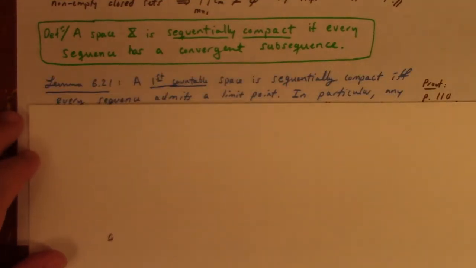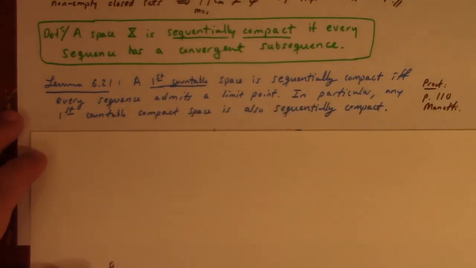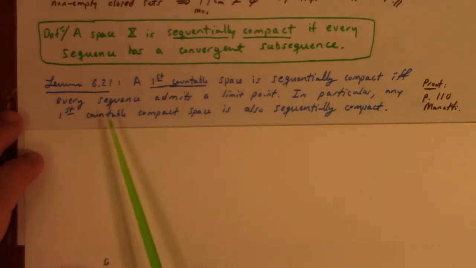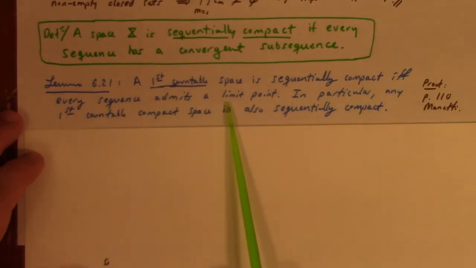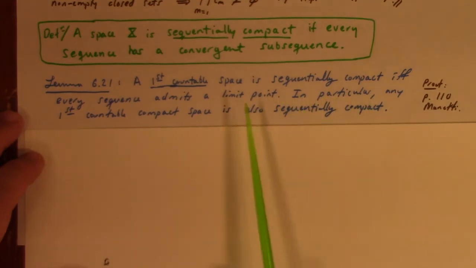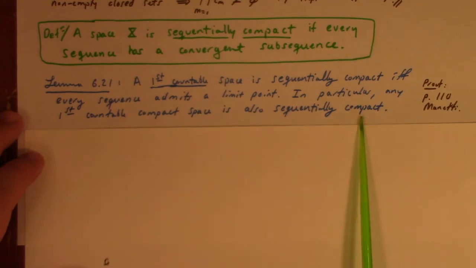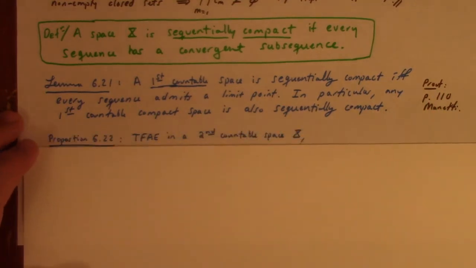So that's sequential compactness: every sequence has a convergent subsequence. Now, a first countable space is sequentially compact if and only if every sequence admits a limit point. In particular, any first countable compact space is also sequentially compact. So the proof is given on page 110 of Minetti.